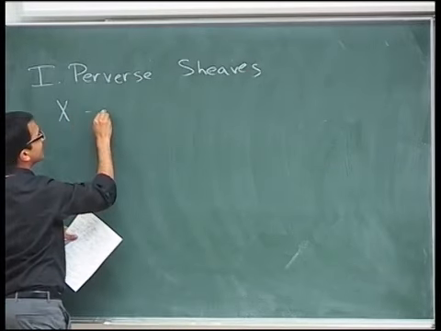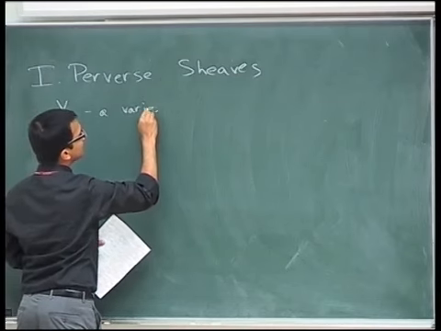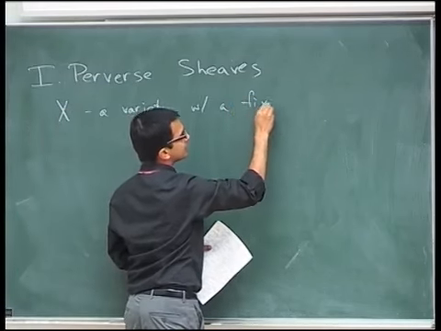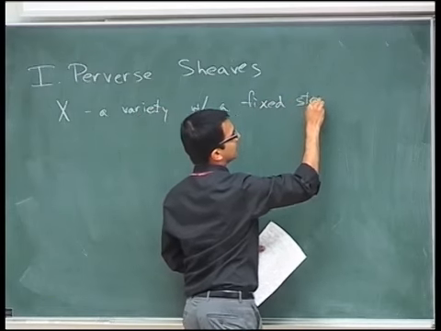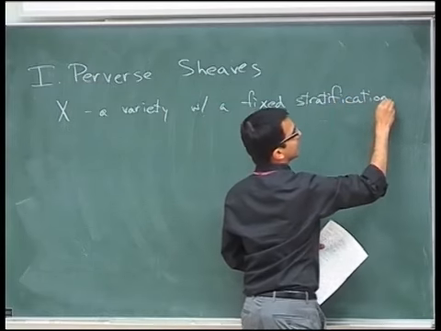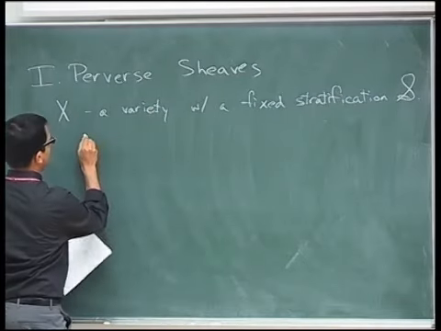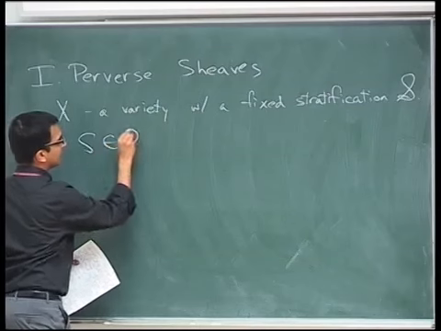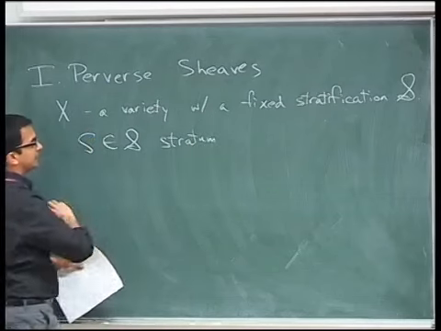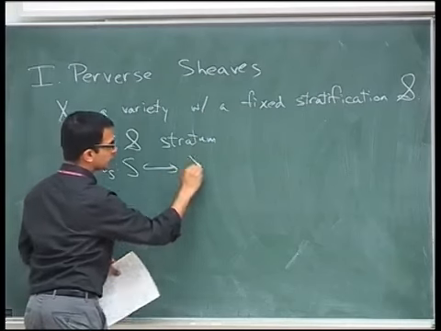X is a variety with a fixed stratification. So let's call that script S. So script S is the set of strata, and for a stratum, which I'll denote by ordinary S, I'm going to write I sub S for the inclusion map.